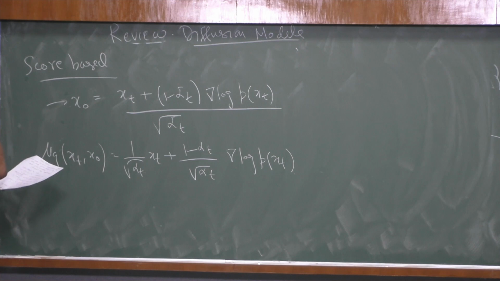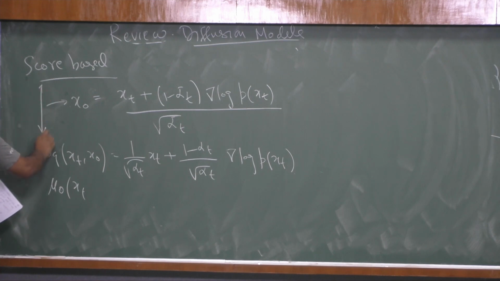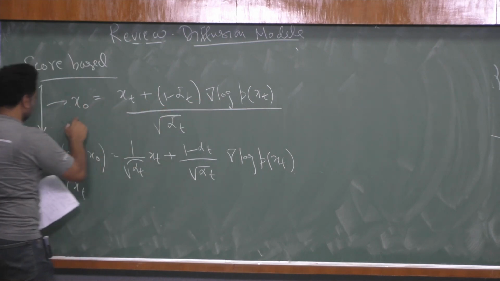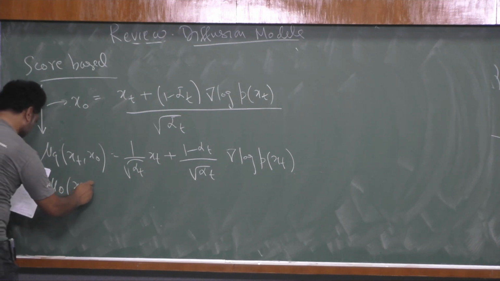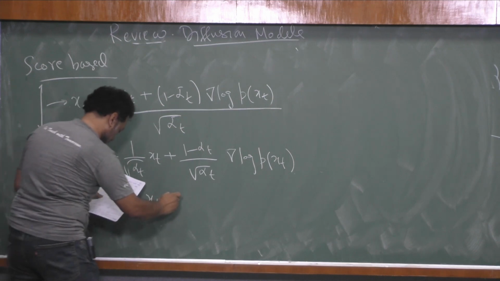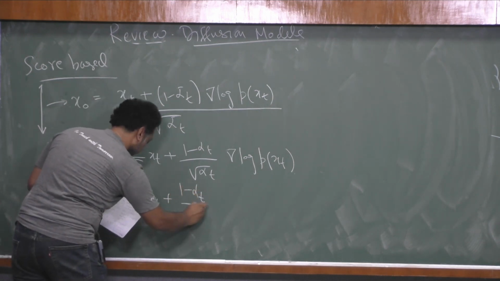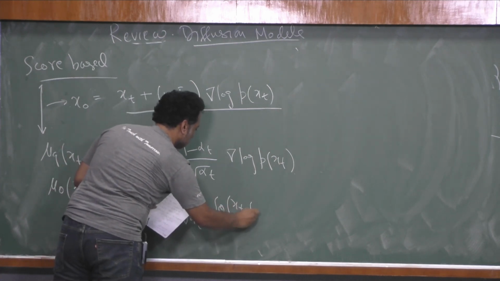Then what could be our learned mean? We said mu theta. This part you see in the videos; there seems to be a jump, like why is this? We did this before, and then we said that mu theta xt is 1 by square root of alpha t xt plus 1 minus alpha t by square root of alpha t s theta xt.